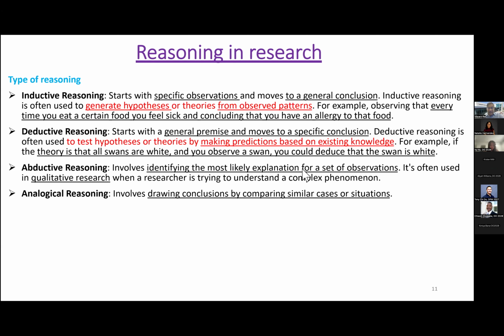Inductive reasoning starts with a specific observation and moves to a general conclusion. Like we are reading the literature, we are making some hypothesis, and we are having some observations from that.